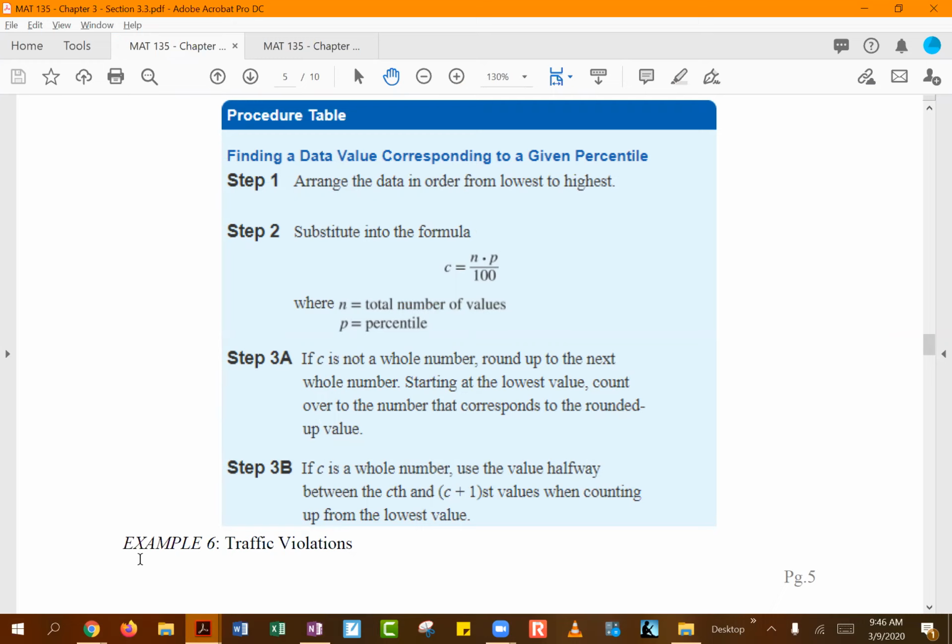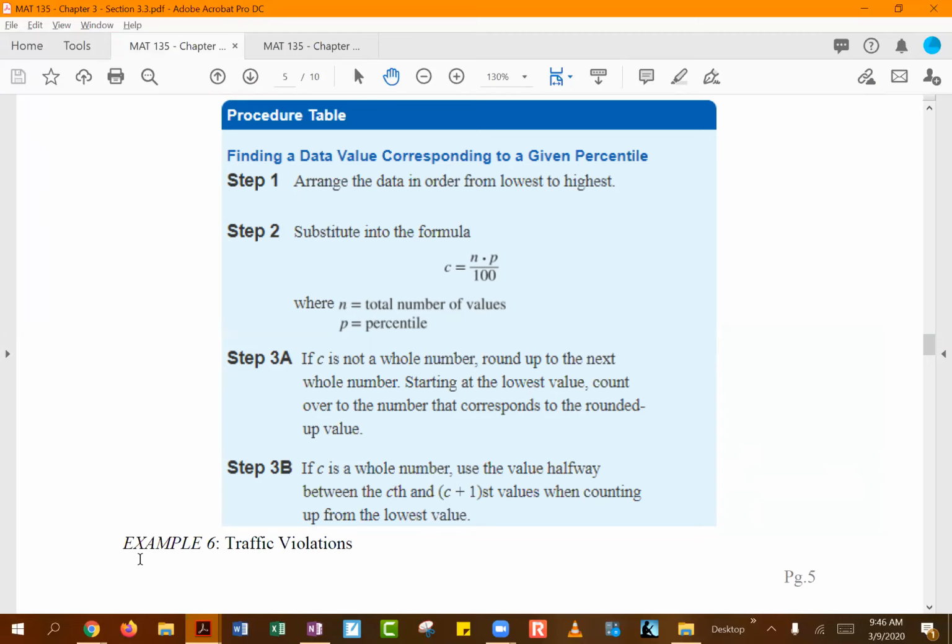Now here, another formula, C equals N times P over 100. So N again would be the total number of values. So if you just look at the hurricane example, that's 10 total values. P is going to represent the percentile. So if they say find the, I don't know, 80th percentile, that's what you would put in there. And then of course we're dividing by 100.